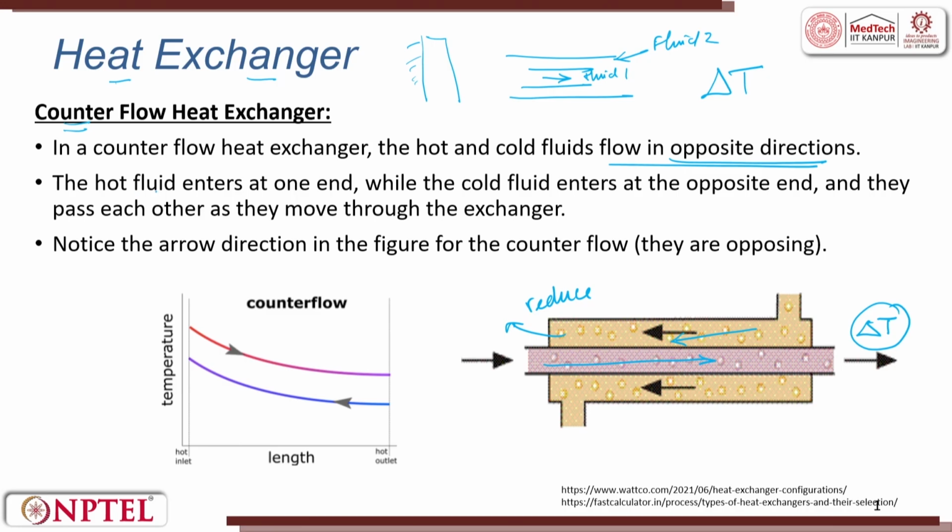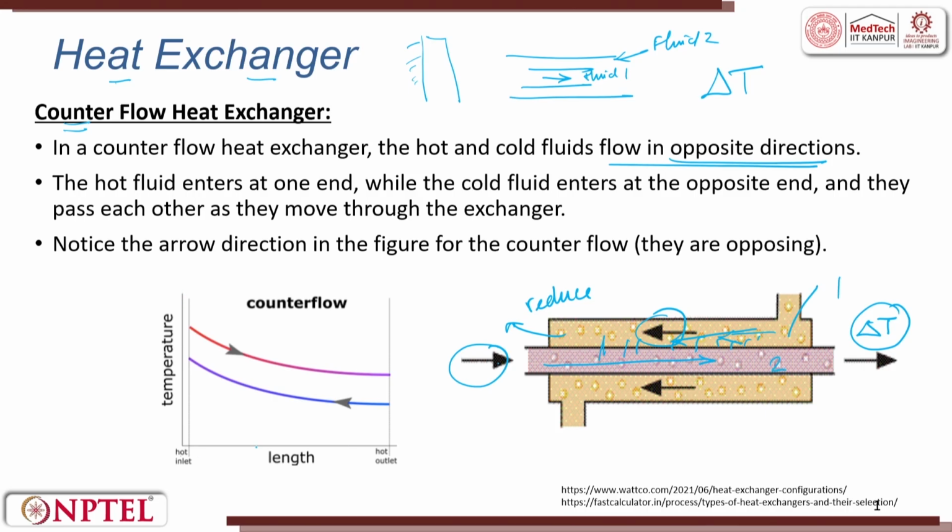Keep that in mind. The hot fluid enters from one side and the cold fluid enters from the opposite side, and they pass through. As and when they move, there is a heat exchange happening. So, notice the arrow direction in the figure given. One direction, two direction, fluid 1, fluid 2, right.